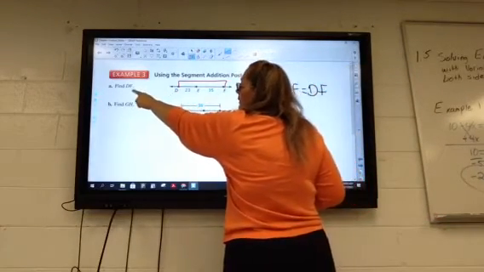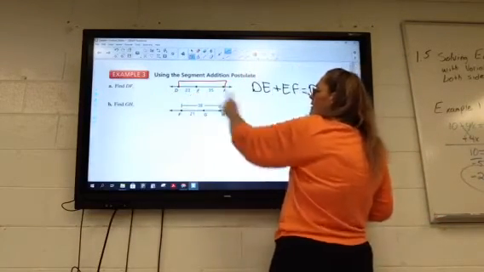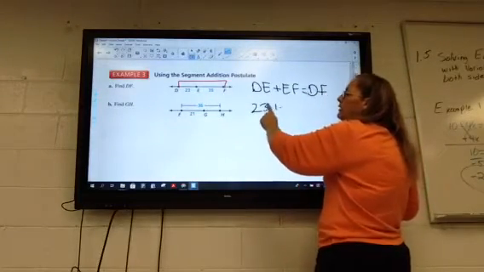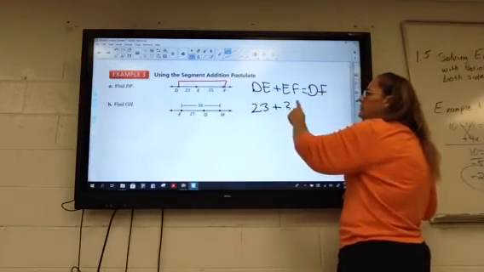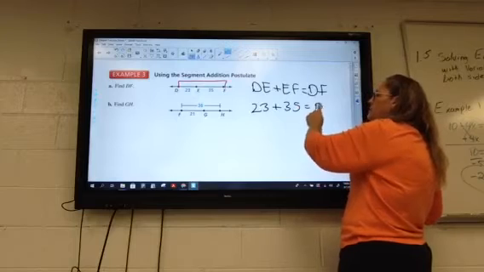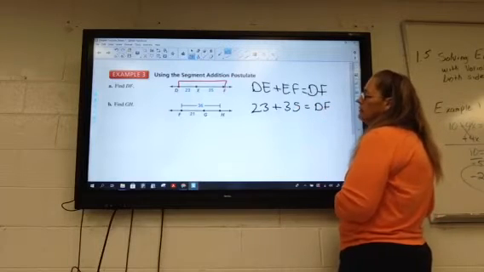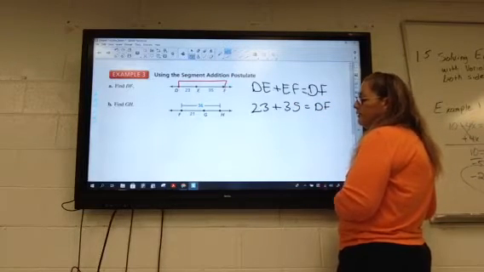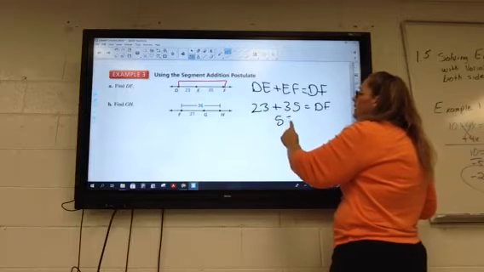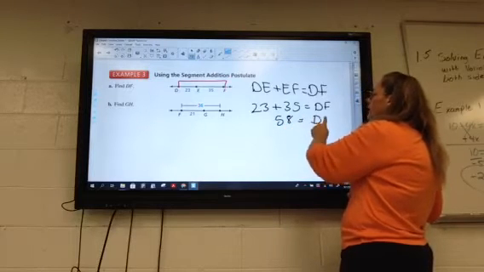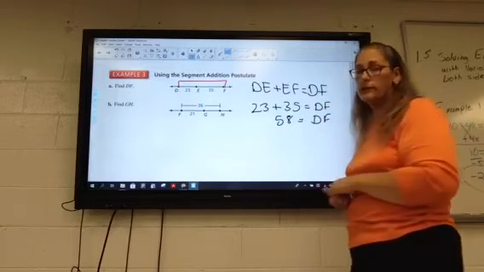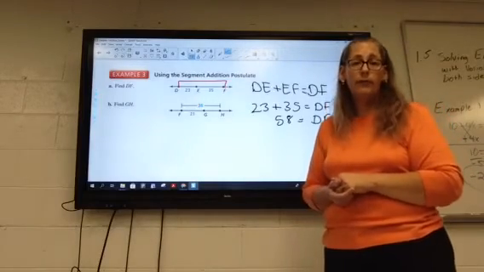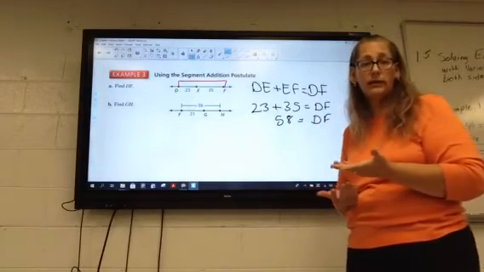That's what it says right here. So DE is 23. EF is 35. And I can add those to tell me what DF is. 23 and 35 is 58. Inches, feet, miles, whatever the unit is, I don't know. It doesn't have one marked. So it's just 58. And that's good.